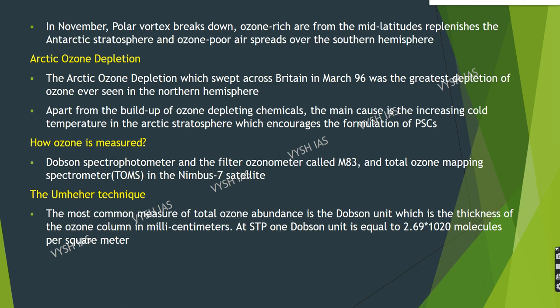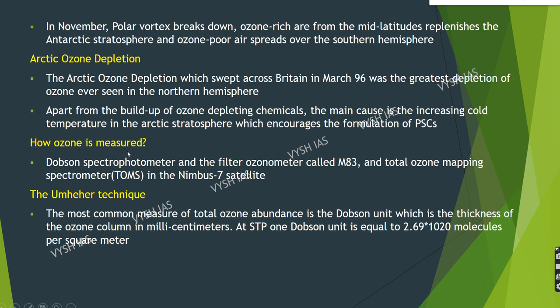The ozone depletion over the northern hemisphere has been increasing since the winter of 1992. Apart from the buildup of ozone-depleting chemicals, the main cause is the increasingly cold temperature in the Arctic stratosphere, which encourages the formation of polar stratospheric clouds.